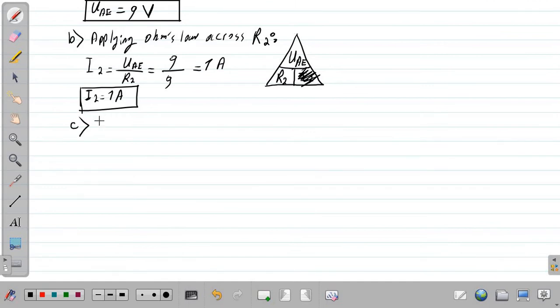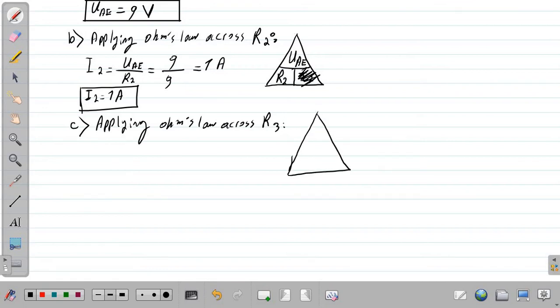C. Applying Ohm's law across R3, construct the triangle for this slope. UAE also. We will use this time R3, and the current passing through R3 is I3.